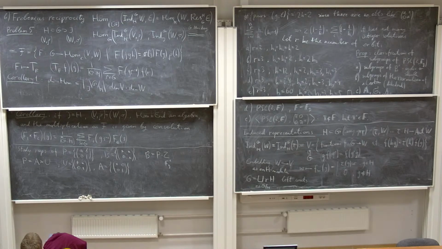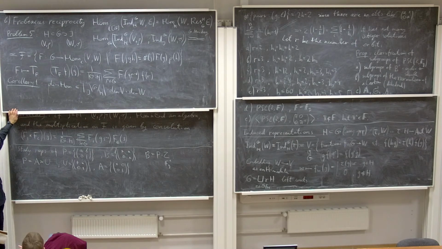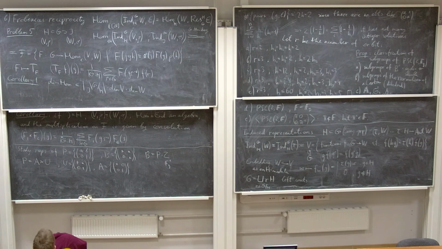So now we're discussing the question: F is the space of functions from G. If I am after the identity homomorphism, it corresponds to some function.